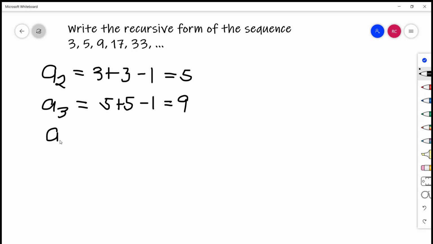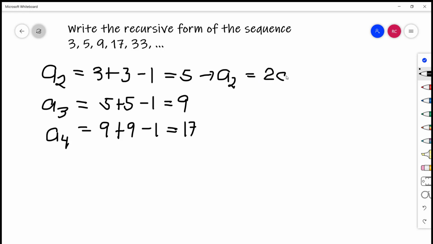And then for the fourth term, we have 9 plus 9 minus 1 equals 17. Okay, so we have established a pattern. So 3, 5, 9. Then, ito, nagkakaroon tayo ng consistent na sinasubtract. So we can say that this second term can be written as twice the first term minus 1. Right? Kasi dalawang 3.